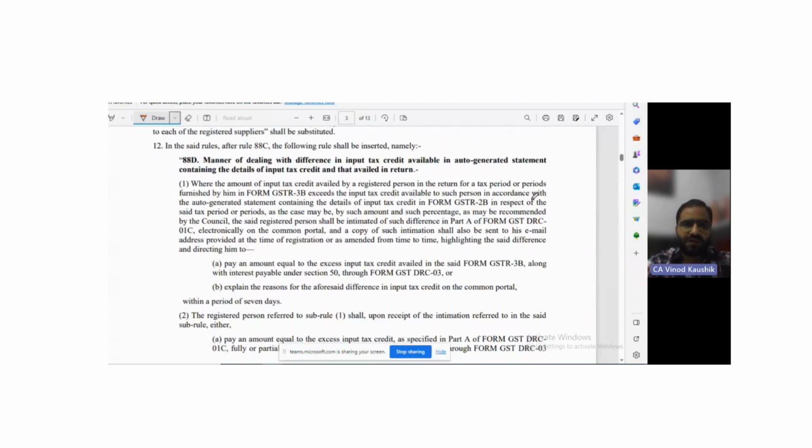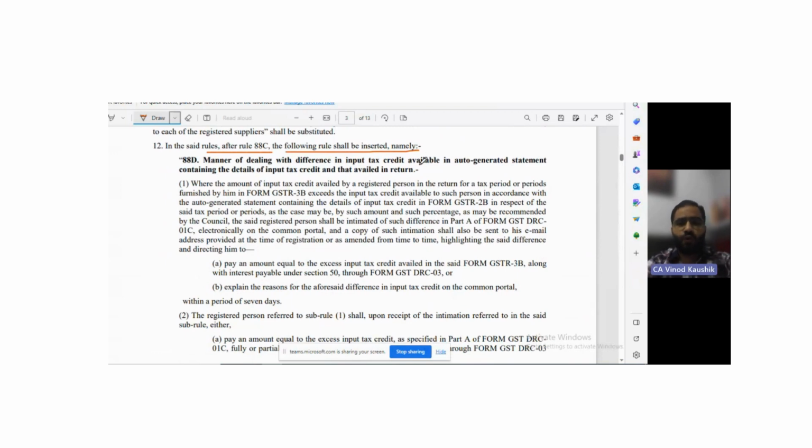So you can say that this amendment in 67(2) is to be enforced with effect from 1st day of October 2023. Now, the rule we are discussing is in paragraph number 12, which says that in the CGST rules, after Rule 88C, the following rule shall be inserted, that is 88D. The date of its enforceability is not mentioned in the notification.